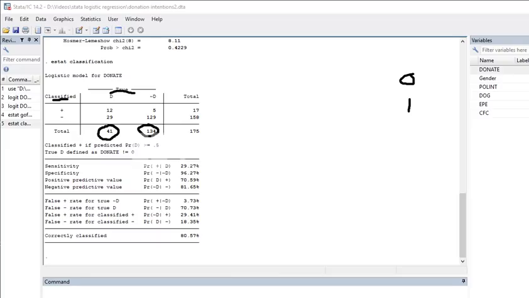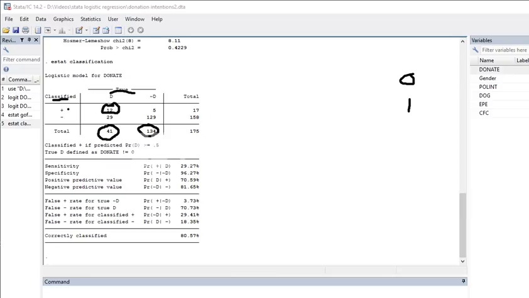Now, of the 41 that expressed an intention to donate, we had 12 of those 41 that were predicted correctly by the model to fall into that category. So, this is the positive values really reflecting the group that's coded 1 right here, and so that's the intention to donate group.